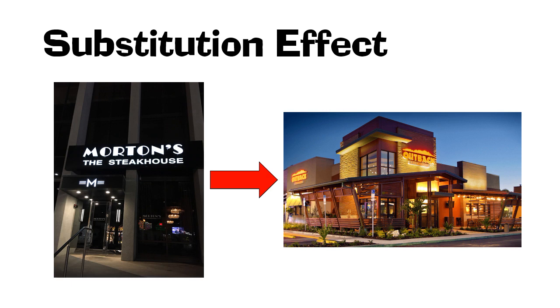And so if we're big steak eaters, I'm not a big steak eater. I eat the chicken at Outback. I know that's sad. But if you believe in the steak at Morton's, and all of a sudden it's way, way, way, way more expensive than it used to be, you're going to substitute toward Outback.